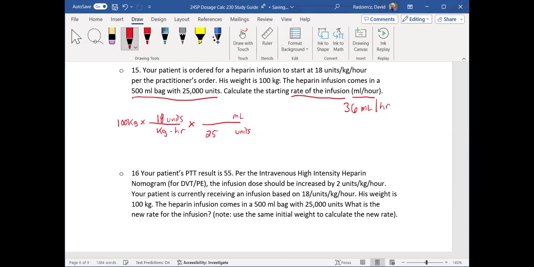So 25,000 units, 500 milliliters. We eliminate kilograms, we eliminate units, and we're left with milliliters per hour, which is what we're looking for. Multiply across the top, 100 times 18 times 500, divide by the bottom, 25,000, and that will give you 36 mil per hour.